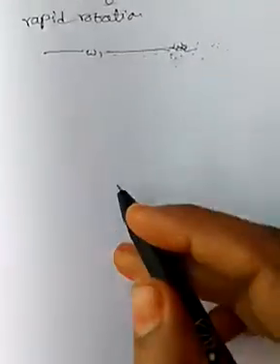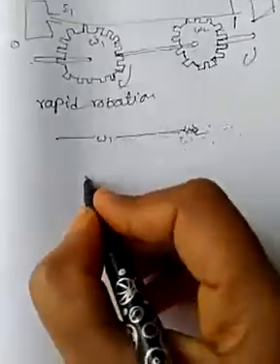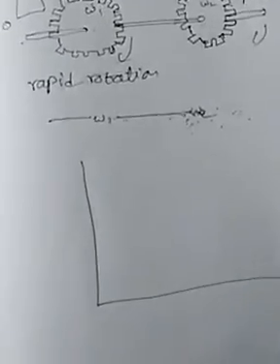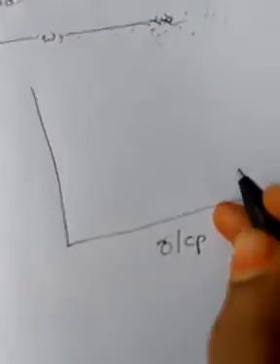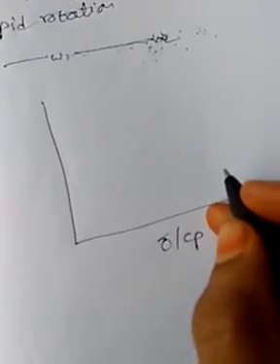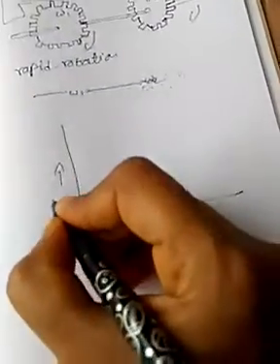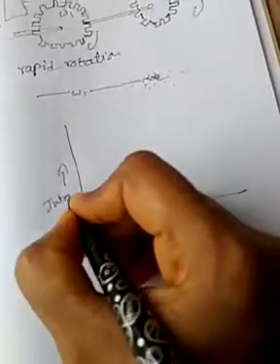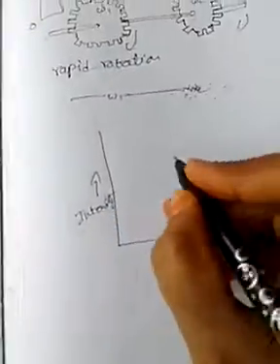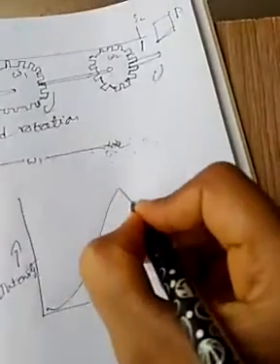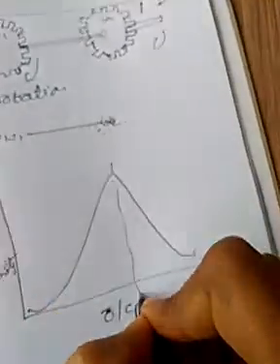And again we have to plot a graph here at a given temperature, that is C bar by Cp, and here we take intensity, and we obtain a curve like this.